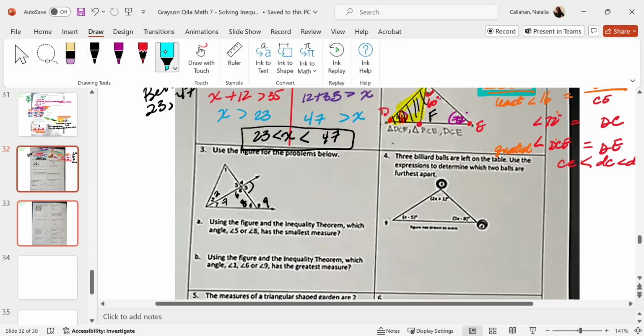Okay, so it's asking which one is smaller, is it 8 or 5? Well, 8 looks smaller. I think that 5 looks like a right angle. So angle 5 is greater than angle 8.